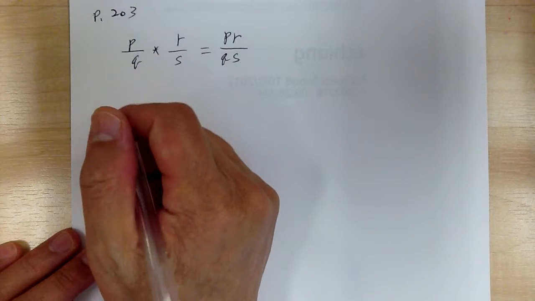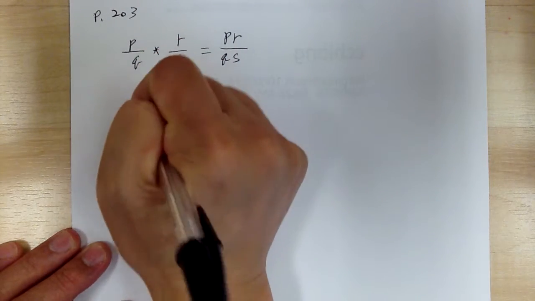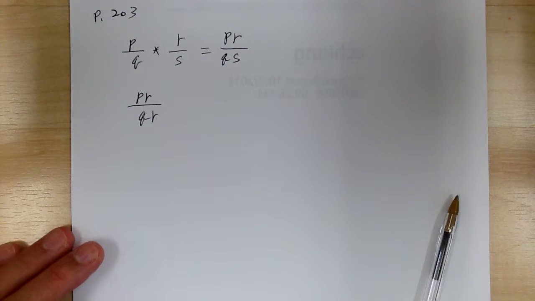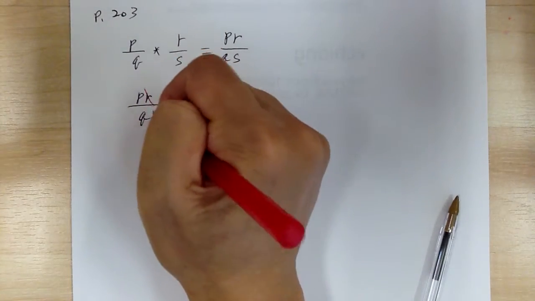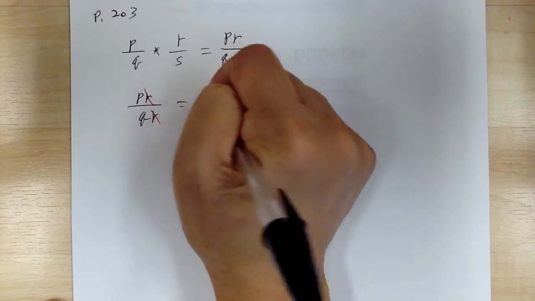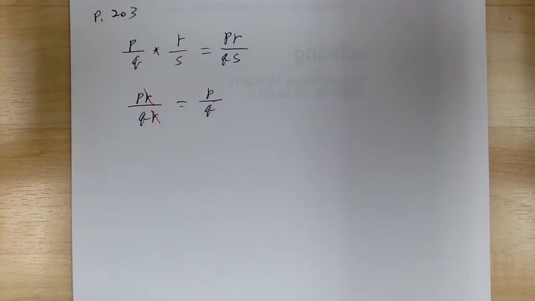And for the cancellation rule on the bottom, if you have P times R over Q times R, the R can cancel out. Notice you have R and R, so this becomes equal to P over Q. Again, these are very basic things that you should know since you're in pre-algebra, right?